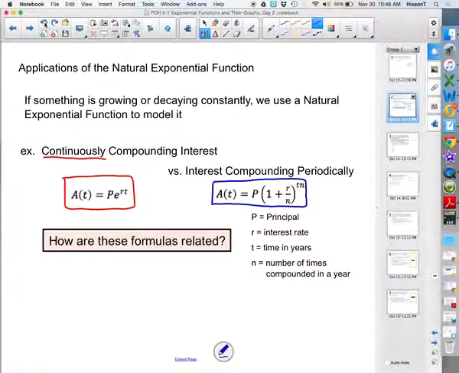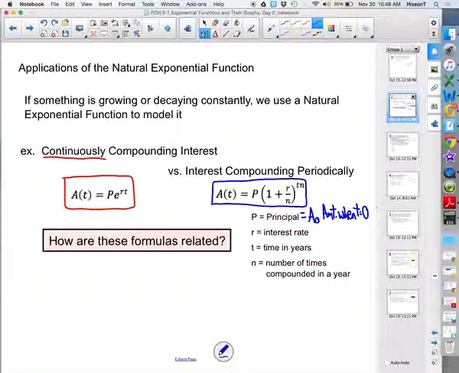If you take out a mortgage on your house, or if you're borrowing money some other way, the starting amount that you borrowed is your principal. Okay? Sometimes you'll see it written as A sub 0, the amount at time 0. Okay? The amount when t equals 0.